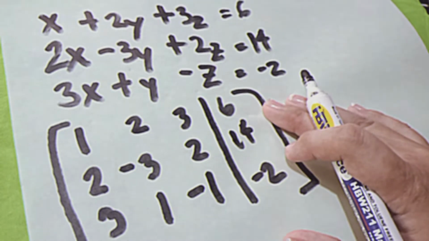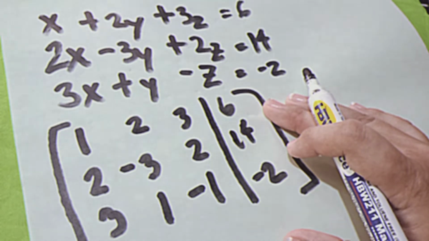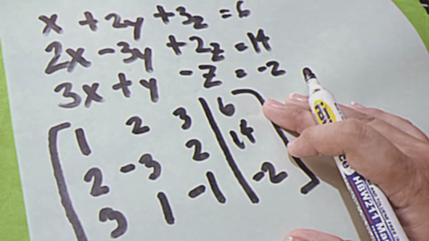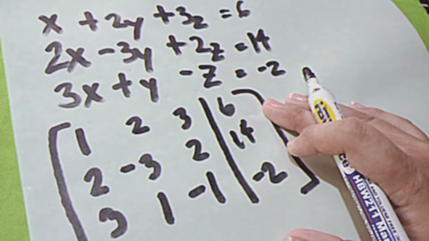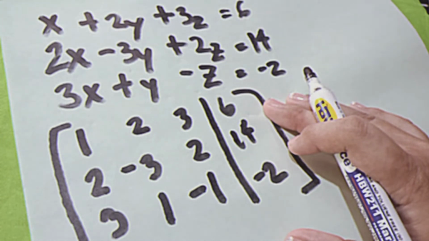And now I'm gonna use what is called a row operation. Basically, I can add rows to other rows, or subtract rows from other rows, or multiply rows by a constant or a fraction.